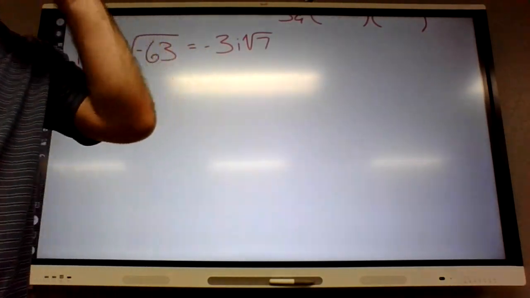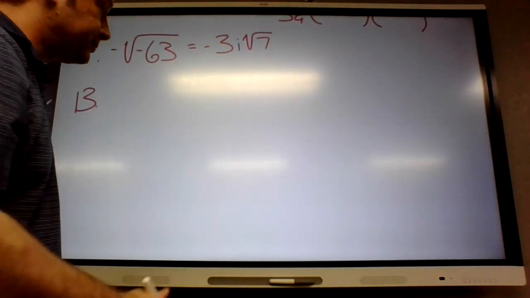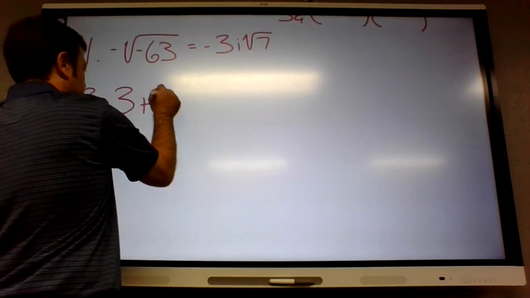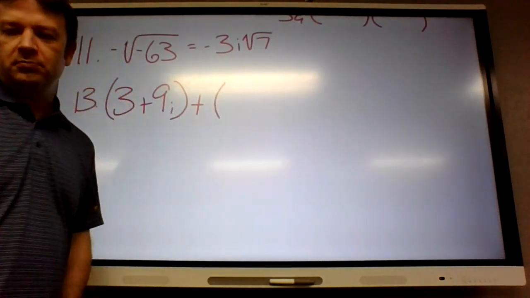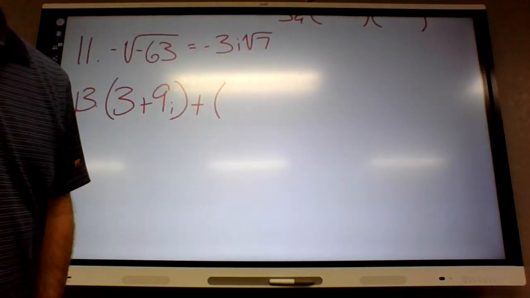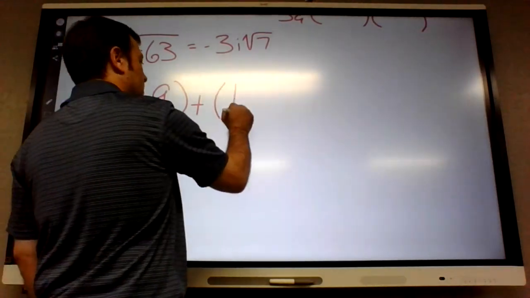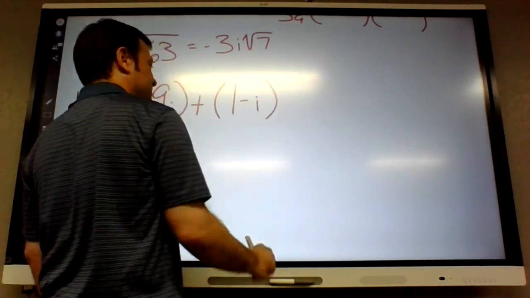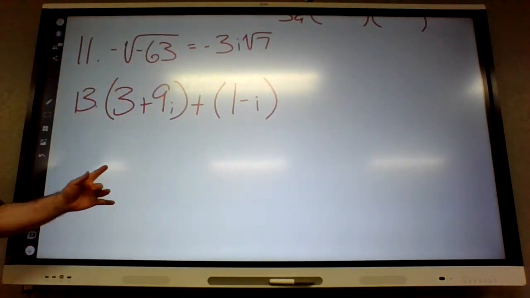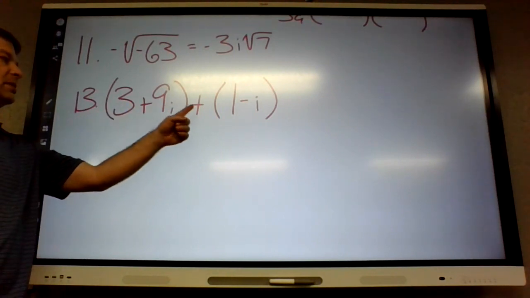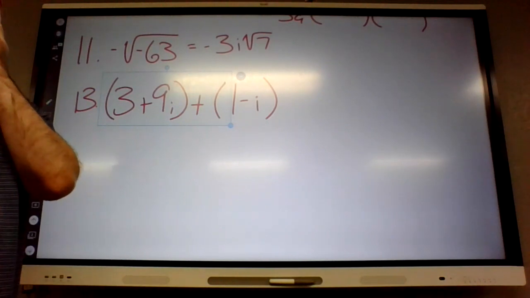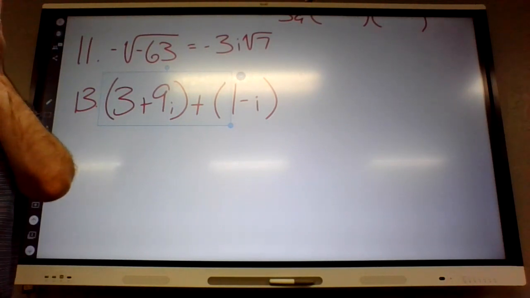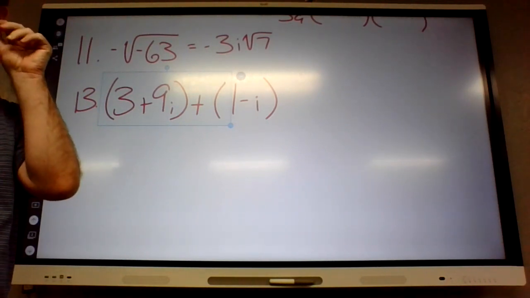Okay, Ava, what kind of problem is 13? How can we tell it's not FOIL? Because there's a plus. So, which problem is FOIL? 16.